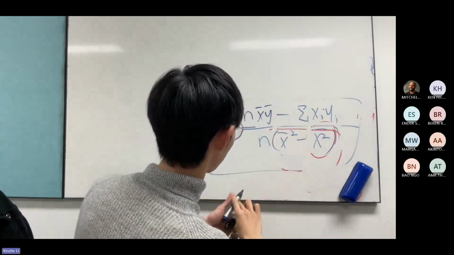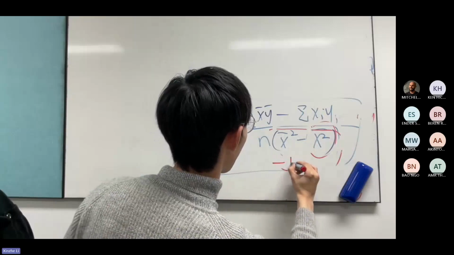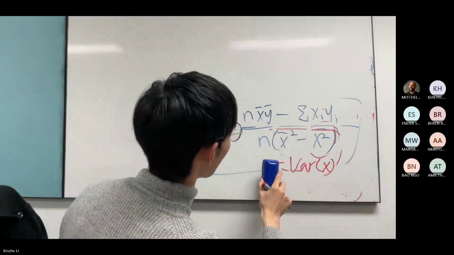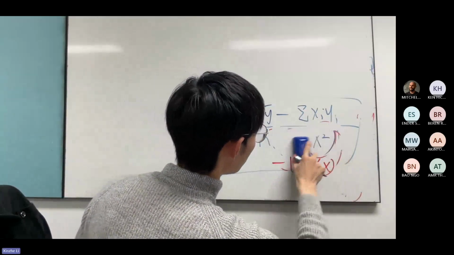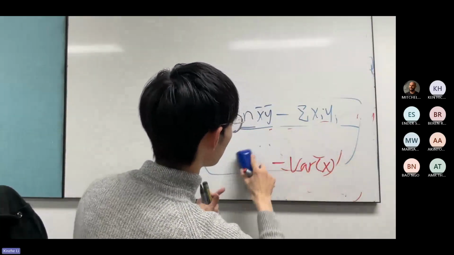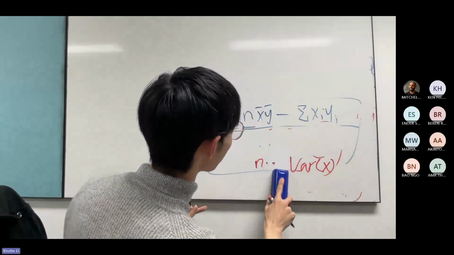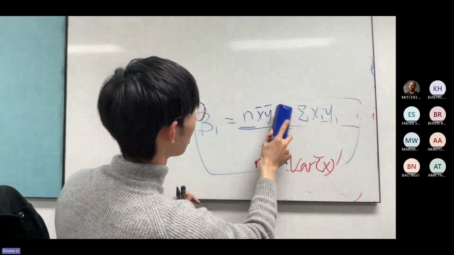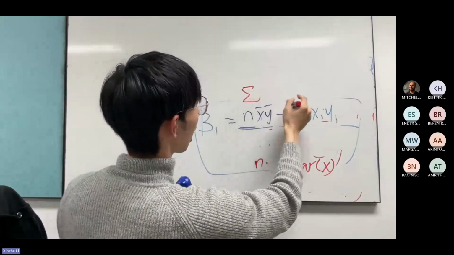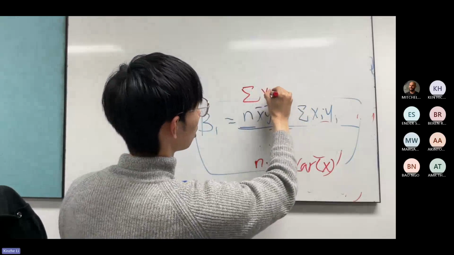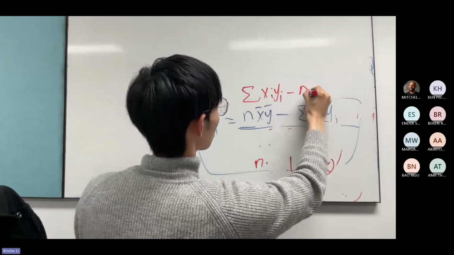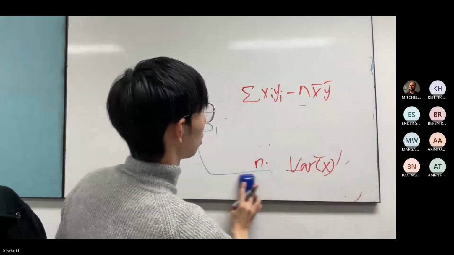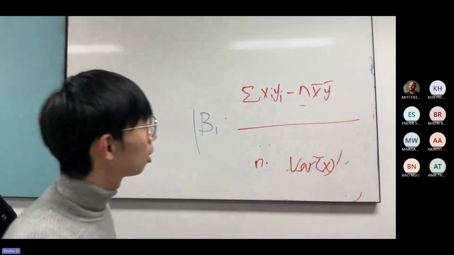This is, as I showed you before, a negative variance. Okay, negative variance here has n. I don't want this negative. Let me eliminate this negative. Then I have to change the position, because I just remove the negative, right? So all good. So what's the variance?